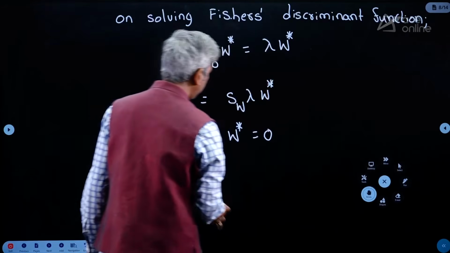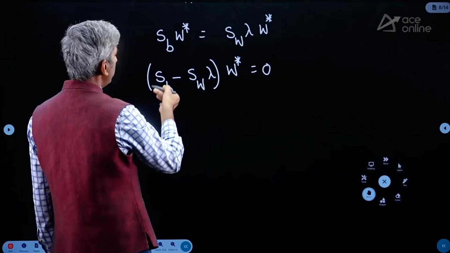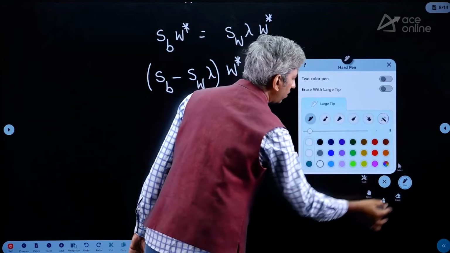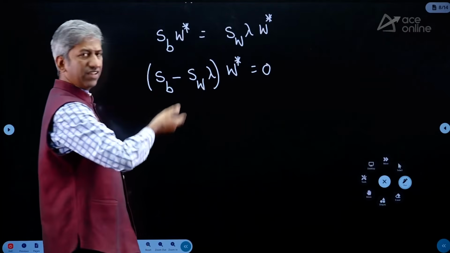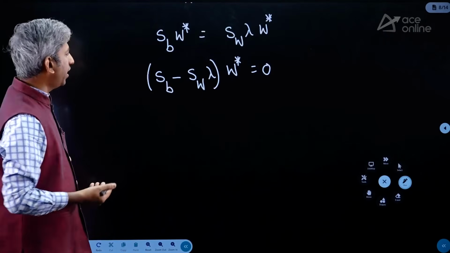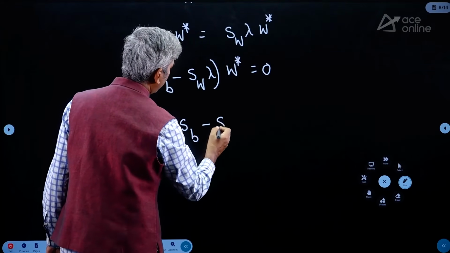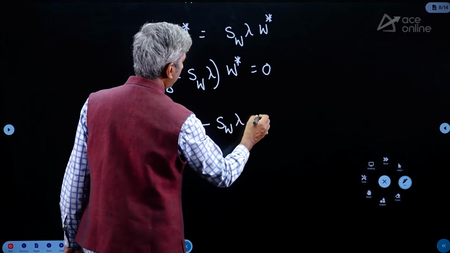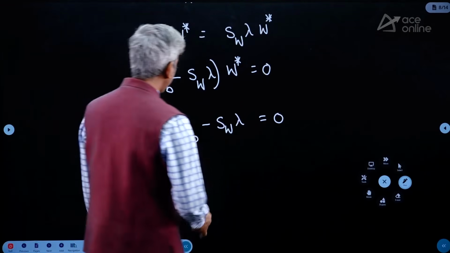So let us solve this expression for 0. Therefore, W star is not equal to 0. We need a W star which is a line, such that in this expression SB minus SW lambda is equal to 0, right?